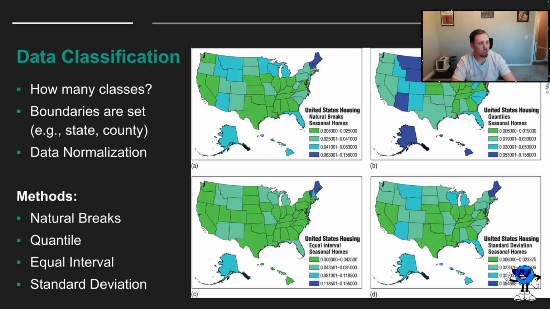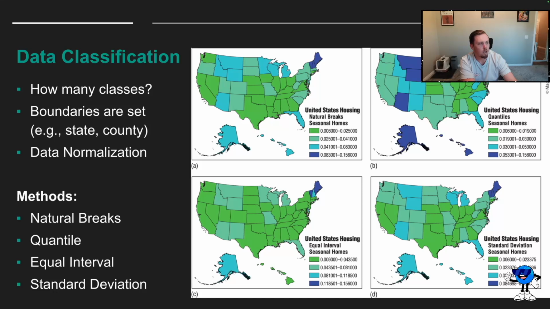For instance, the GIS would calculate the average of all US seasonal home values, and the standard deviation for them. Thus, when it comes to the percentage of the total housing stock that is seasonal, each state's percentage is an average of 3.1% away from the average state's percentage. These values for the mean and standard deviation of the values are used to set up the breakpoints.